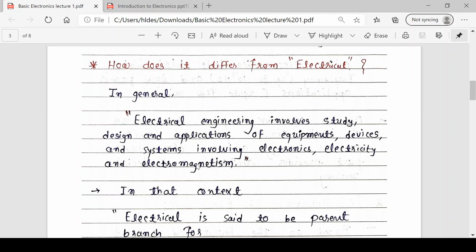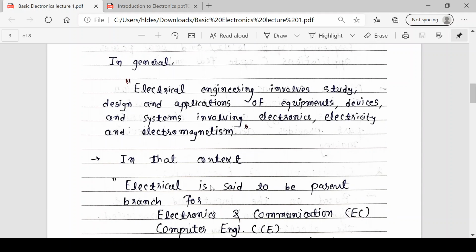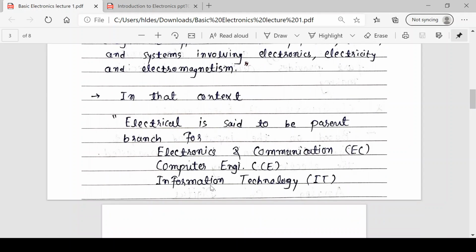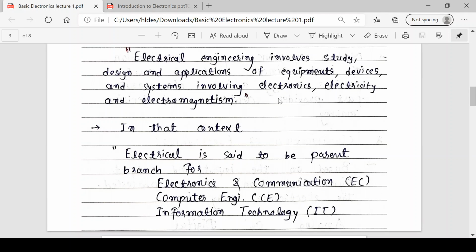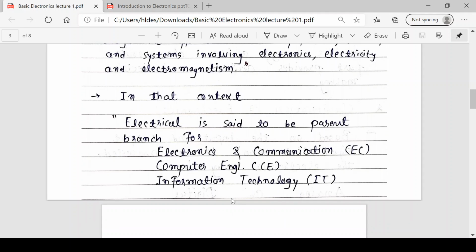So in this context, we can say electrical is a parent branch for all such branches such as EC, computer and information technology, because computer also depends on electronic hardware, which is also a basic part of the electrical branch.